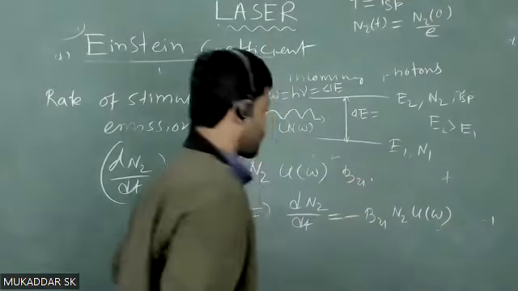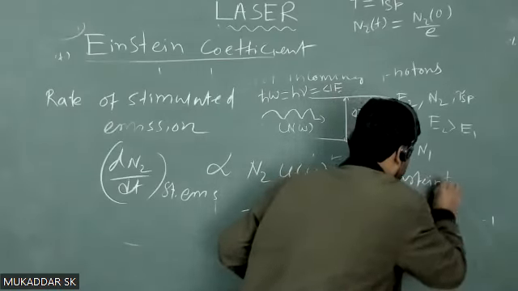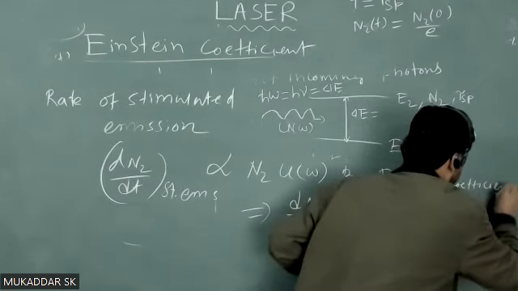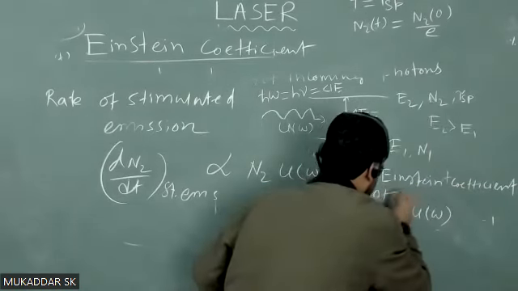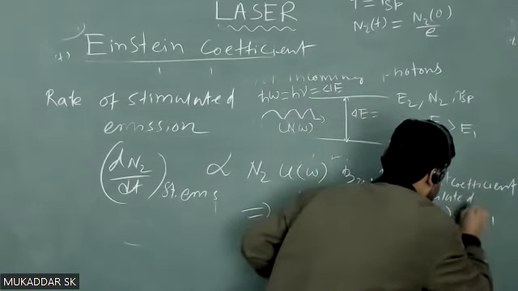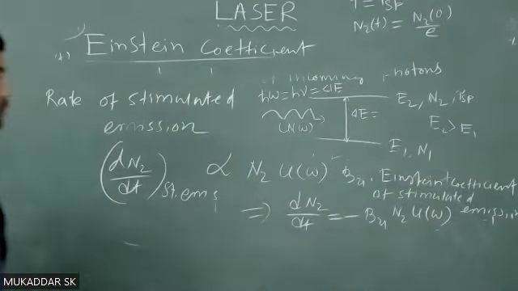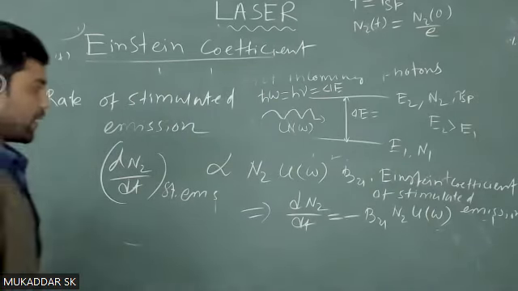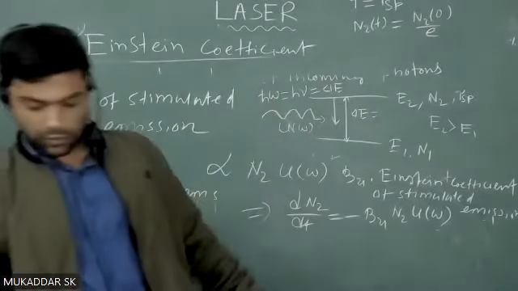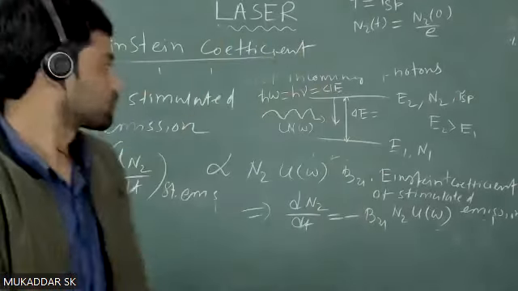B21 is nothing but the Einstein coefficient of stimulated emission. So again, stimulated emission is nothing but downward transition, right? Stimulated emission is nothing but downward transition because the atom is making a transition from E2 to E1.